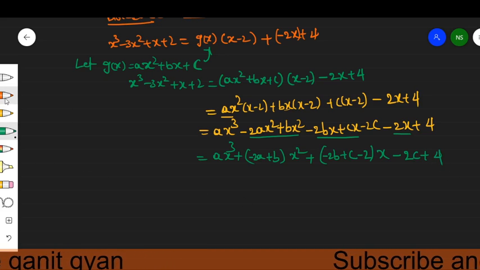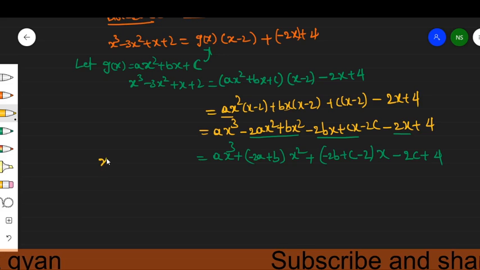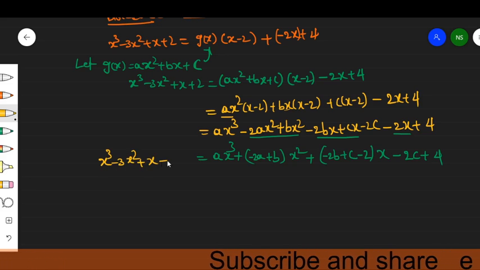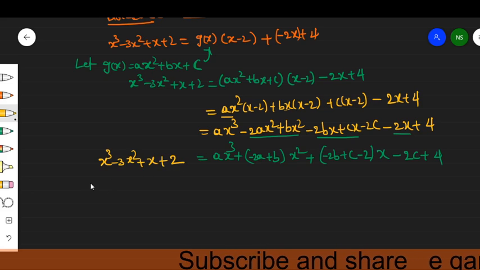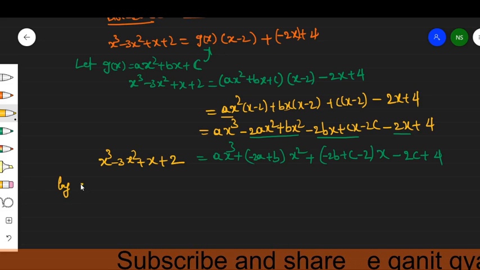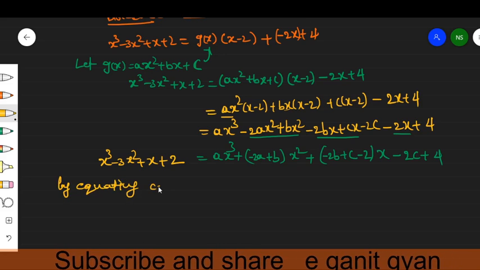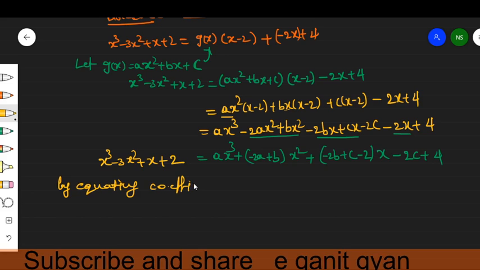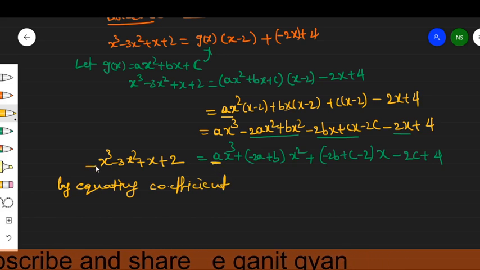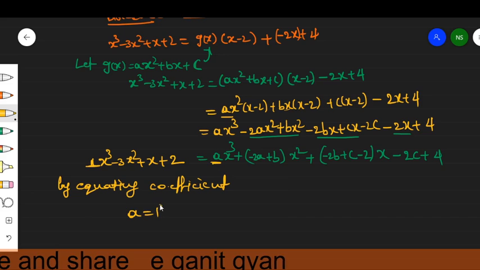Left side I am having already x cube minus 3x square plus x plus 2. Here what I am doing is equating coefficients. X cube coefficient, this side I have 1, so a is equal to 1.